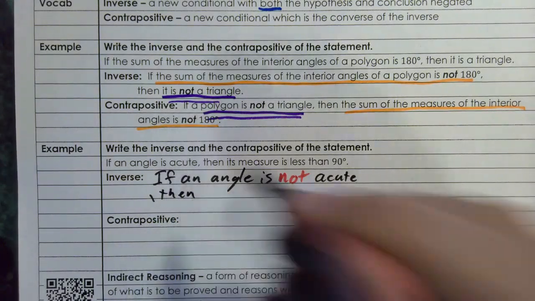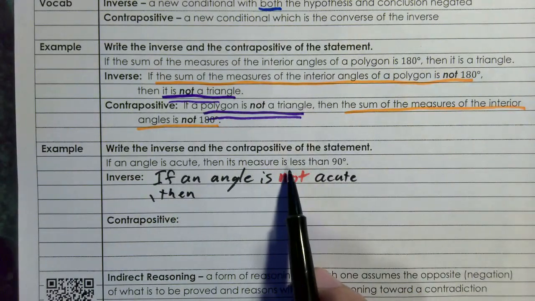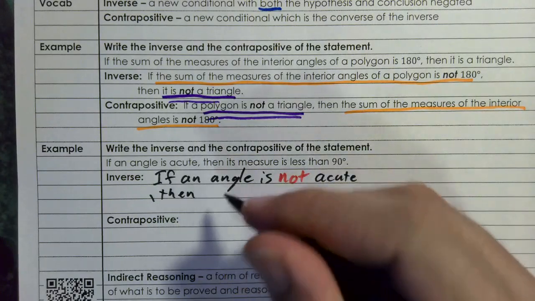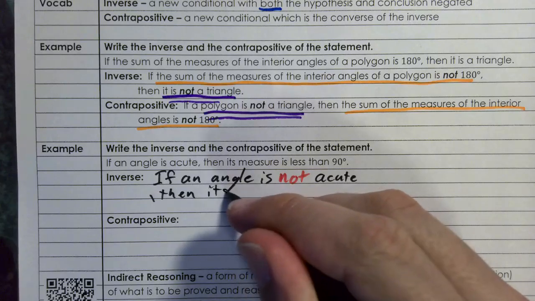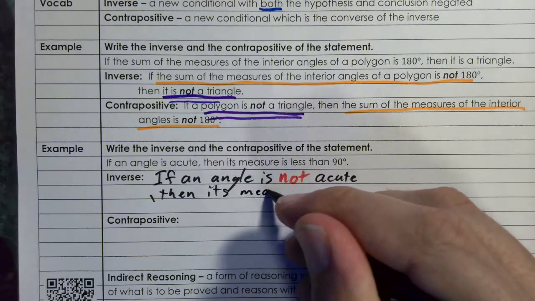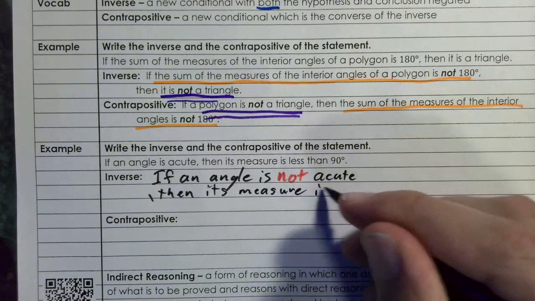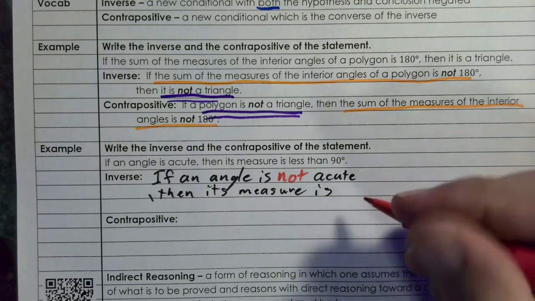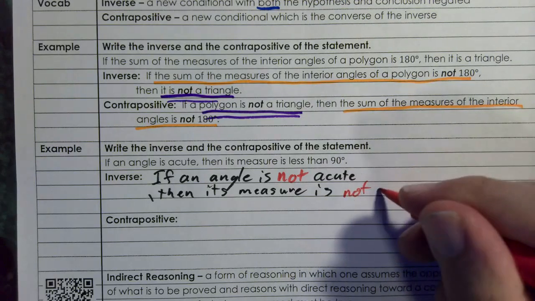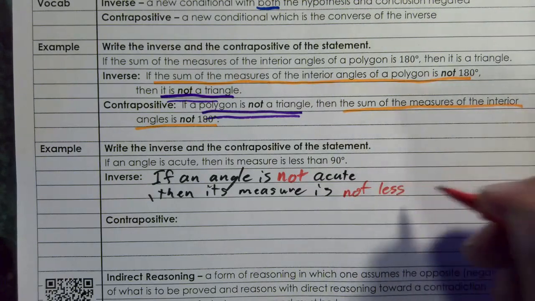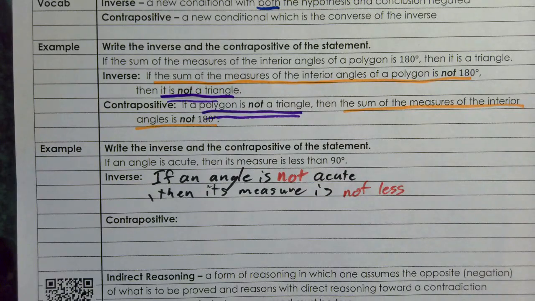Then its measure is not less than 90. Putting that not right after the verb.